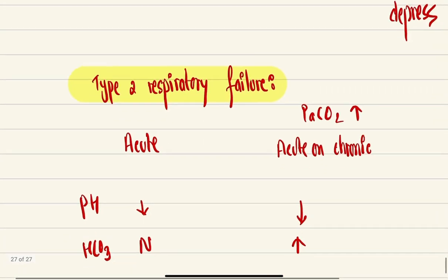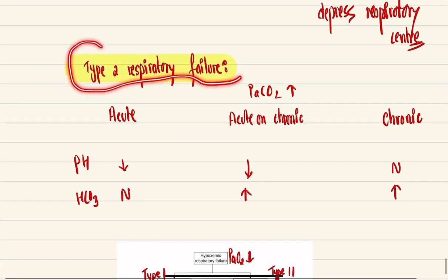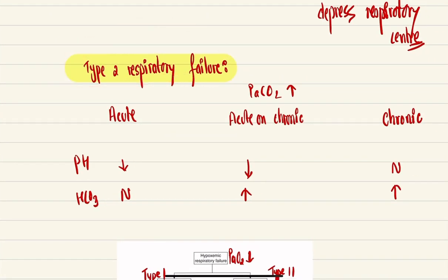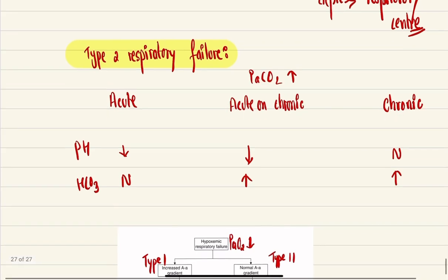Let's see some of the types of type 2 respiratory failure. We know in type 2 respiratory failure there is an increase in PaCO2 more than 45, and there is a decrease in the PaO2. So it is classified into acute and chronic. How can you differentiate?